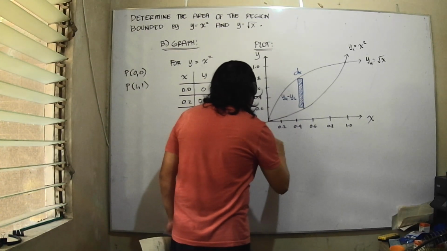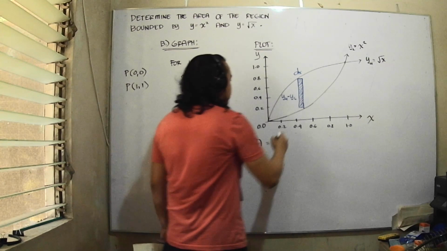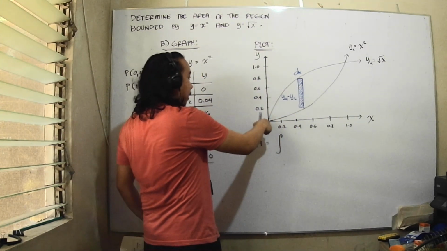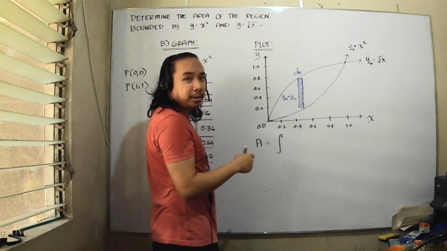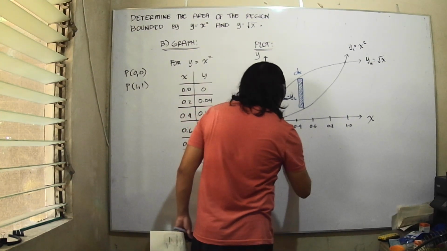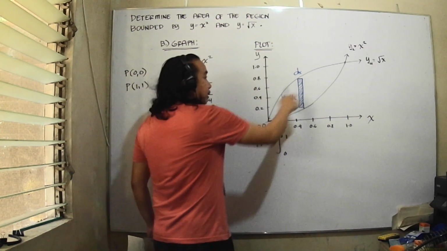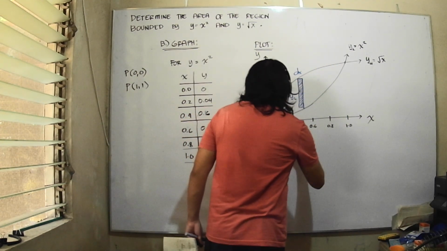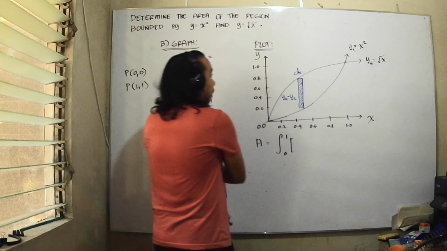the area is just equal to the integral of the lower limit to the upper limit, dx. So this is 0 to 1. 0 is the lower and 1 is the upper x here. And this is just y upper minus y lower.